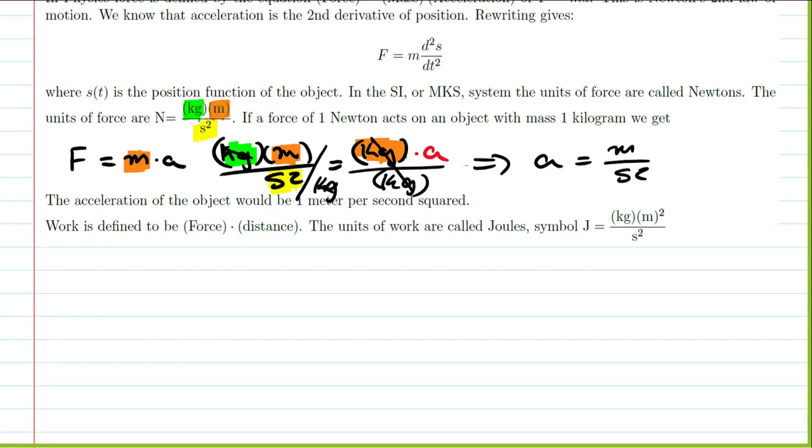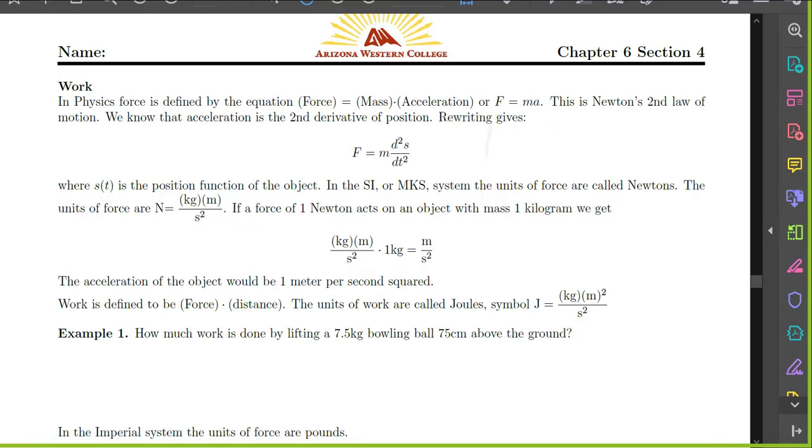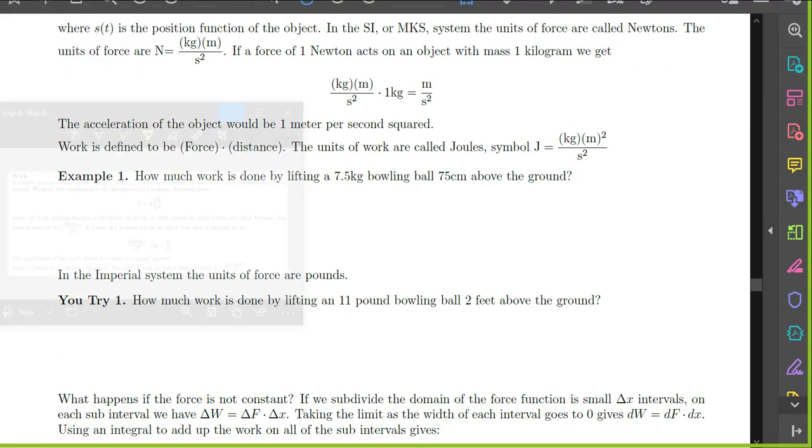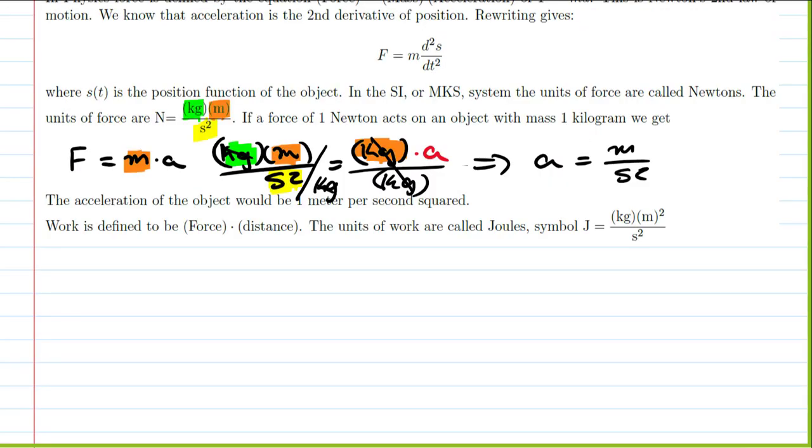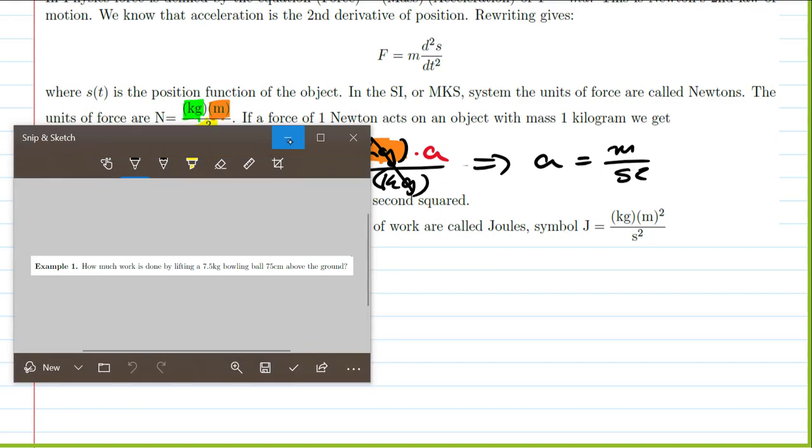So the unit analysis can be helpful, as we'll see in some of the problems that we're going to do shortly. So let's take a look at our first example, which will involve pure algebra and no calculus.